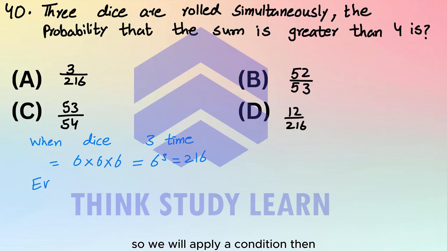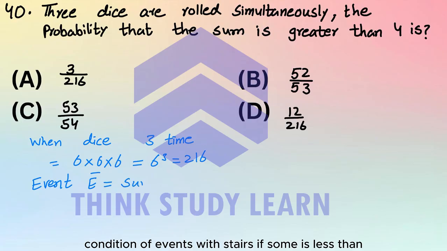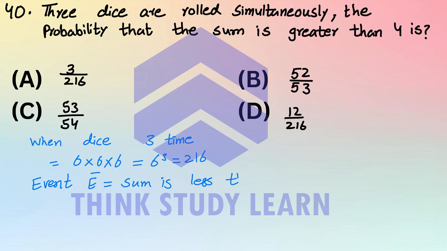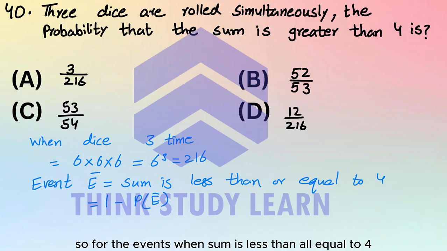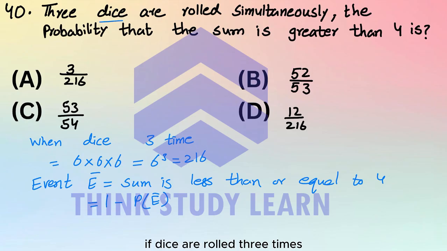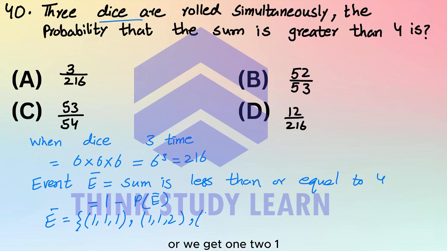So we will apply a condition of events which states, if sum is less than or equal to 4, then we will apply the formula which is 1 minus P of E. So for the events when sum is less than or equal to 4, if dice are rolled 3 times, we have events that state 1 1 1 we get, or we get 1 1 2, or we get 1 2 1, and the last event that occurs is 2 1 1.